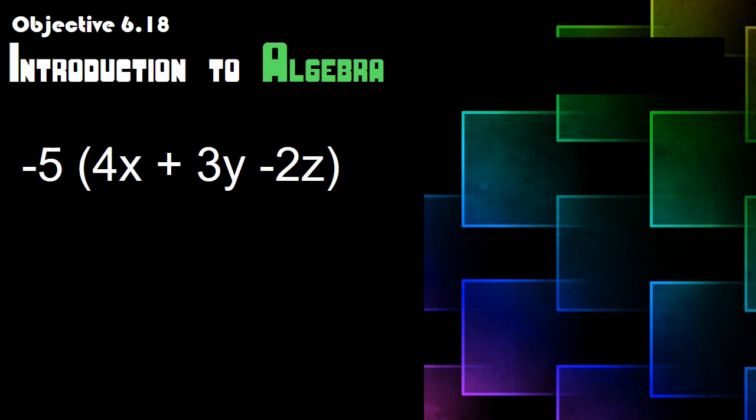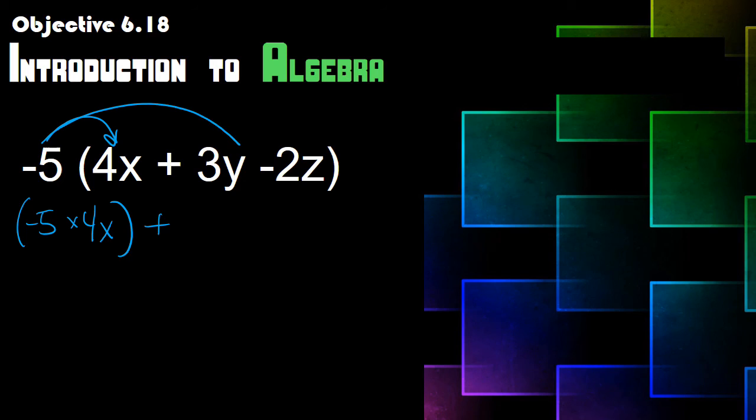So now let's try this one. We have -5. We're going to distribute into 4x plus 3y minus 2z. So let's go ahead and work this distributive property here. We have -5 times 4x. Let's put that in parentheses. -5 times 4x is our variable.